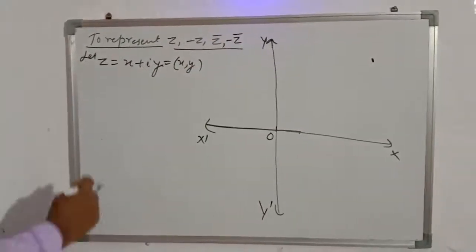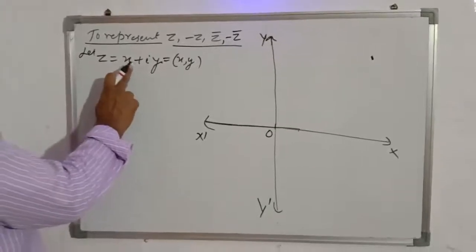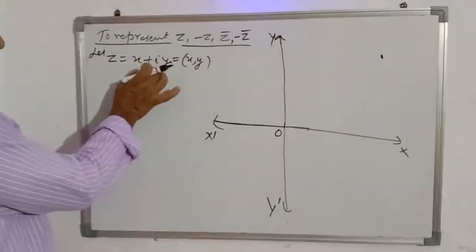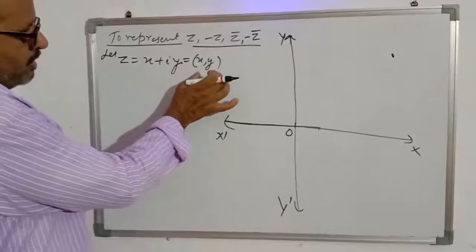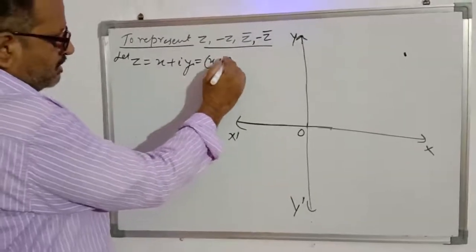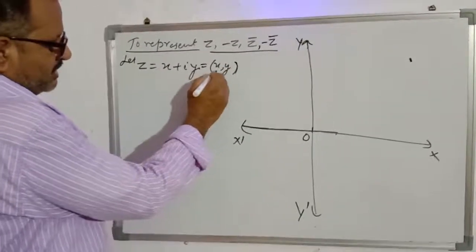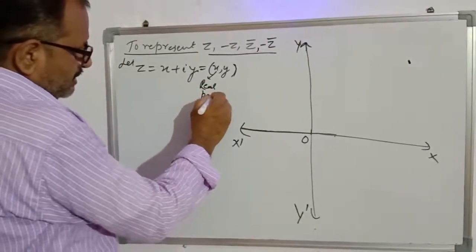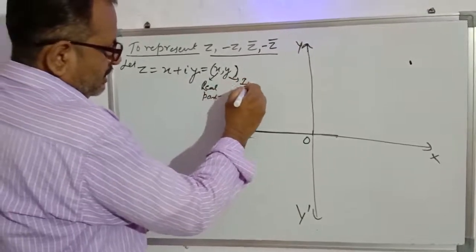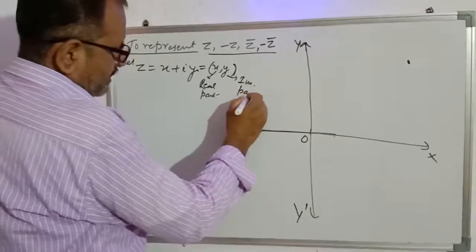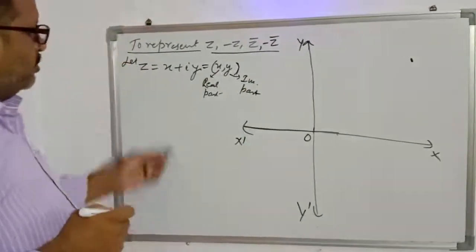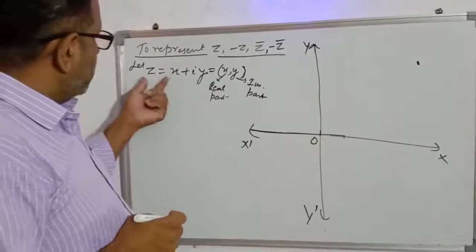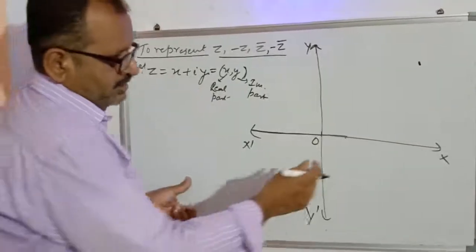So let the complex number z be x plus iy. It can be represented in the form of the ordered pair (x, y), where x is the real part and this is the imaginary part. So how can we represent z in the Argand plane?